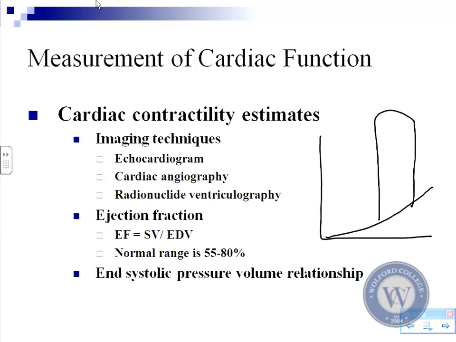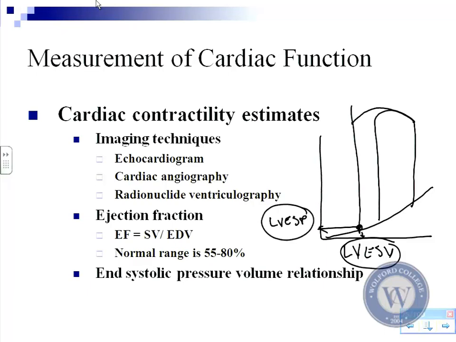If that person ejects better, stroke volume-wise, they're able to eject over here. So of course their left ventricular end systolic volume is less, and their left ventricular end systolic pressure is also less. Okay. That's what they're trying to tell you.